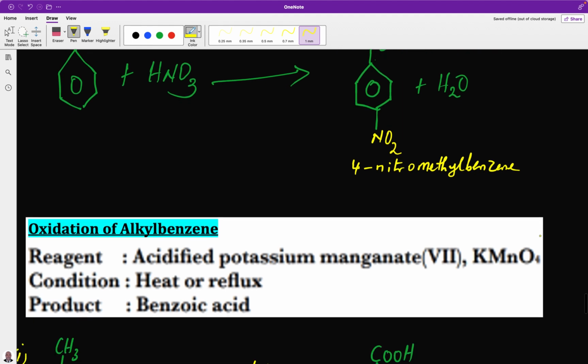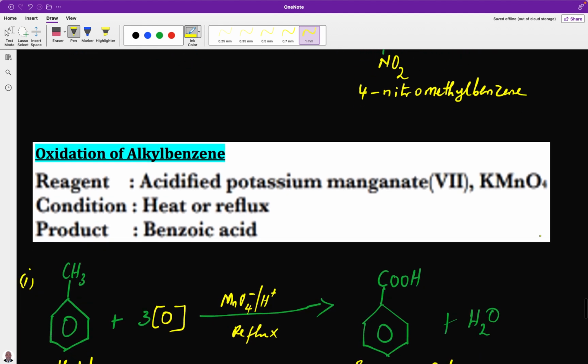We went further to the oxidation of alkylbenzene, and we are still using methylbenzene as our example. The reagent that is used for the oxidation of this alkylbenzene is acidified potassium manganate 7.